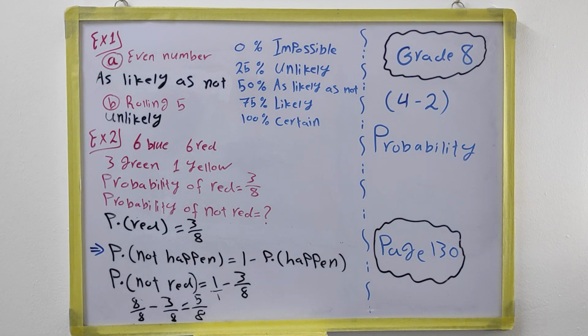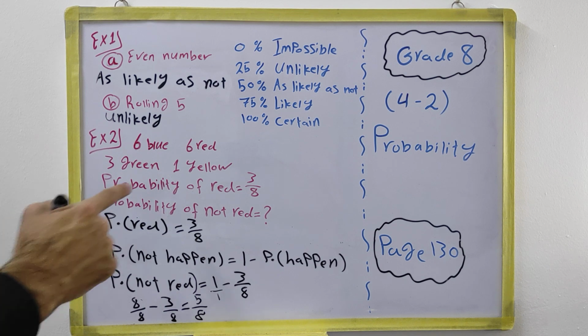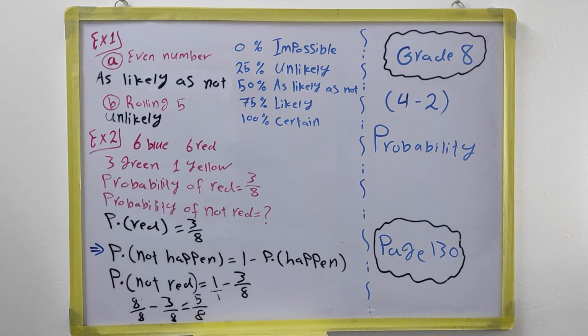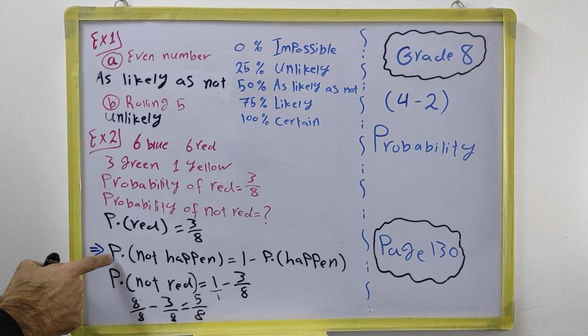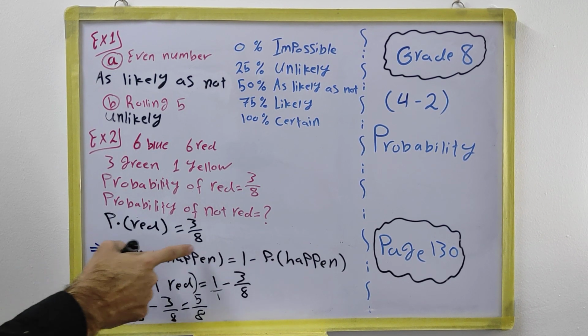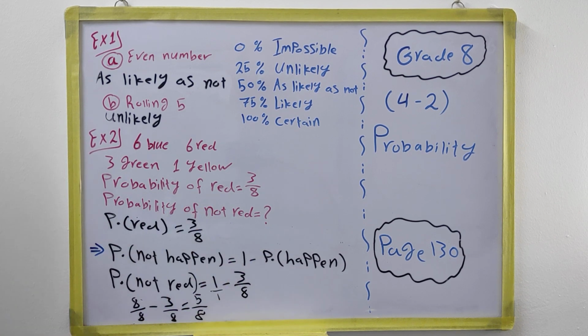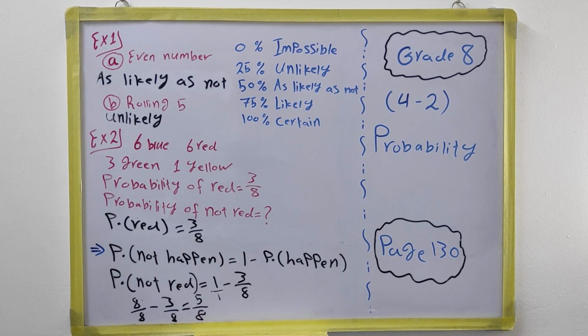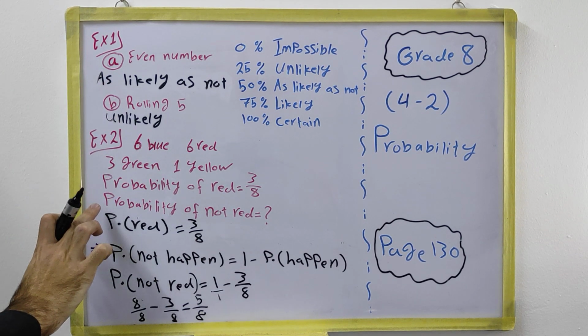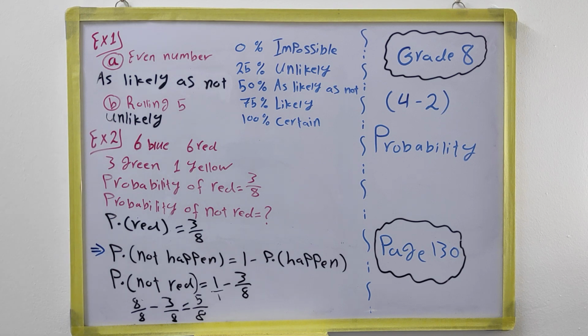That's how we can find the probability of something to not happen. If you know the probability of that event happening, from that rule, probability to not happen equals 1 minus probability of happening, so you will get it. That's how you can find the likelihood of an event and the probability of something to not happen.